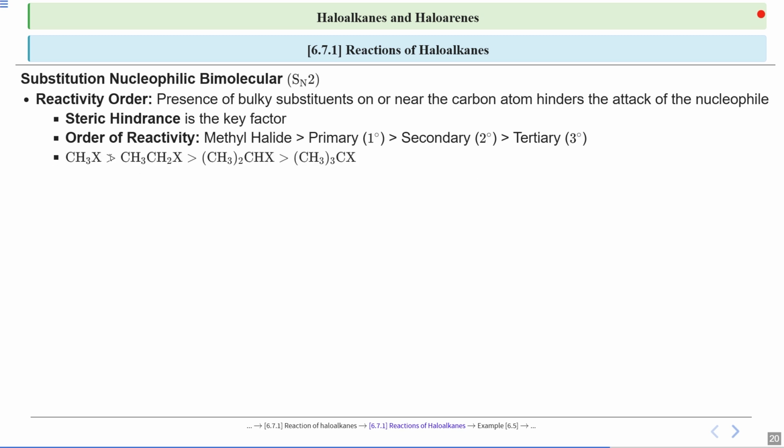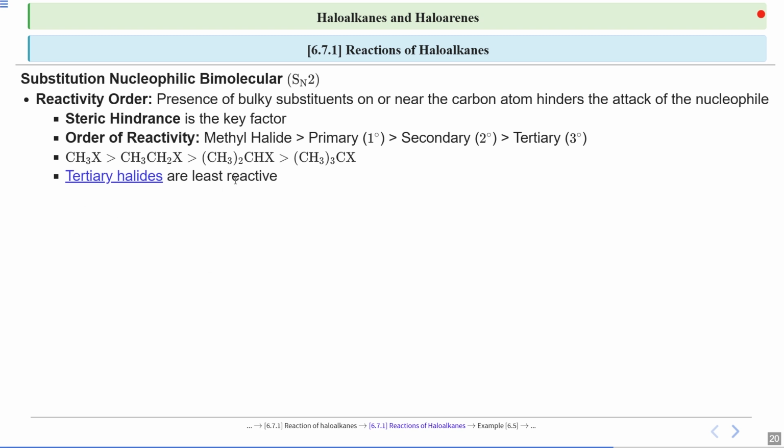So you can also write it this way: CH3X will have the highest reactivity, then CH3CH2X, then (CH3)2CHX, which is a secondary alkyl halide, and then the least reactivity will be for (CH3)3CX, which is a tertiary alkyl halide.